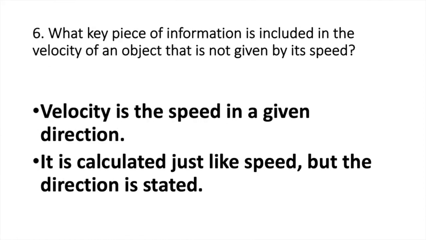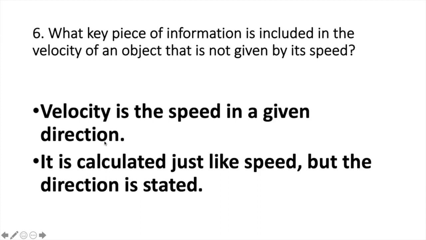Question 6. What key piece of information is included in the velocity of an object that is not given by its speed? Well, speed is the rate of change in distance over time, such as in meters per second or miles per hour, but velocity is speed in a given direction. Direction is the key piece of information.